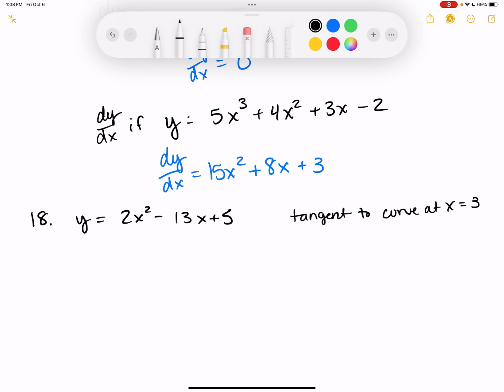So we know the x value is 3, so we need to find y. How would I find y right now if x is equal to 3, so that I have my point ready? Plug 3 in. So 2 times 3 squared minus 13 times 3 plus 5.